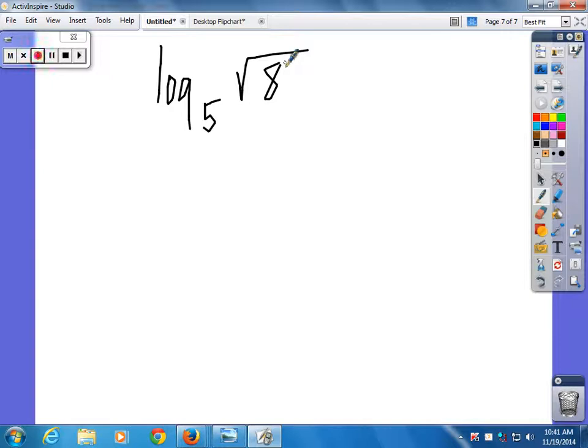Now, why can't I use the definition of a logarithm here? It ain't got no what? It ain't got no equal sign. Both sides of the definition of logarithm have what? An equal sign. They're equations. This is a term. This is not. This is an expression. It doesn't have an equal sign. So you got to learn to use one of the properties.